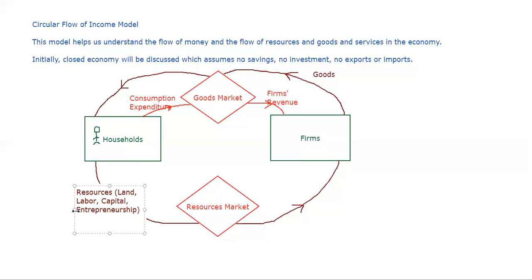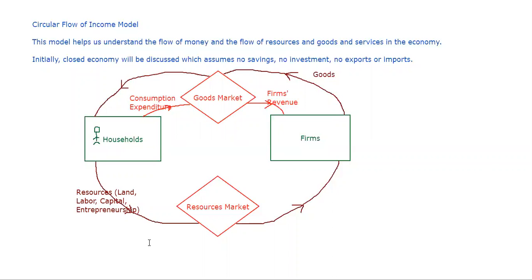These are the resources. So what the meaning of this is basically, the firms, we treat them as businesses. They are not persons. They employ the persons or they employ the resources owned by people.